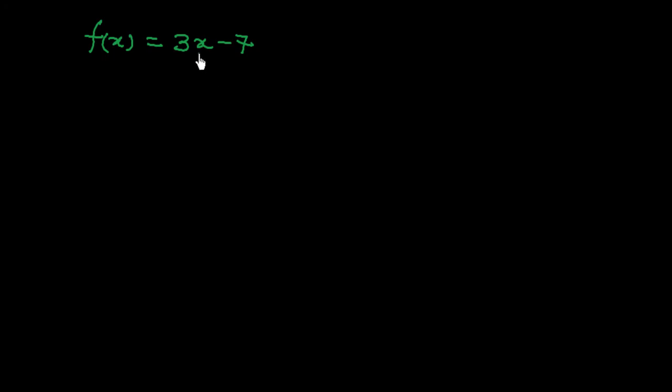We know that it is an R to R function because it is a linear function whose domain is R and the range is also R. It is one-to-one also. So we already know that it is invertible.